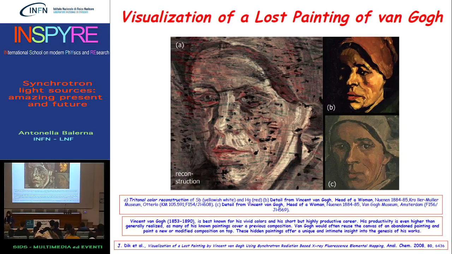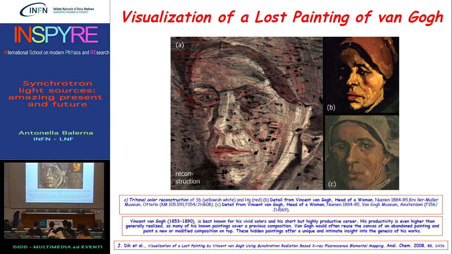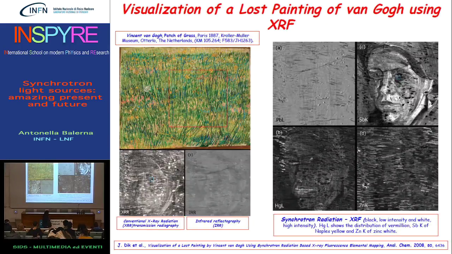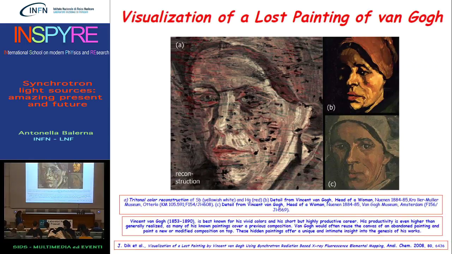Then, when he had some orders, he really used the canvas to produce what was asked, or what he wanted to paint. But this is important also because probably these designs come from the early stage of his, let's say, career. So you can also learn something about the evolution of Van Gogh. And this is behind this. If you go to the museum, you see this. If you look to this with X-rays, you see also what is behind the grass.